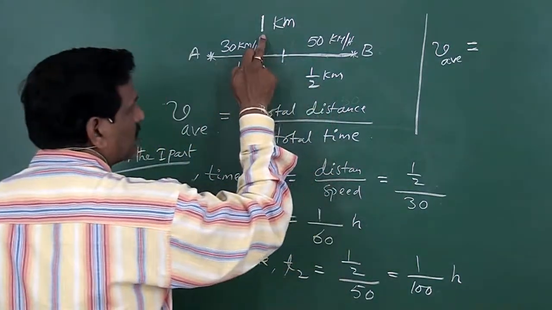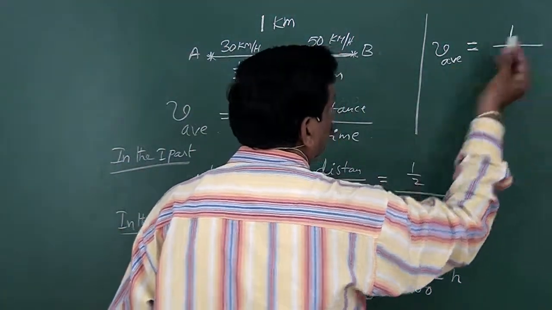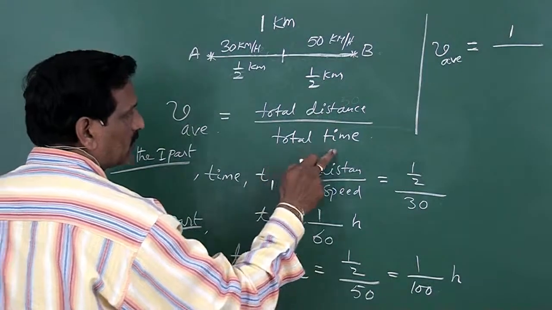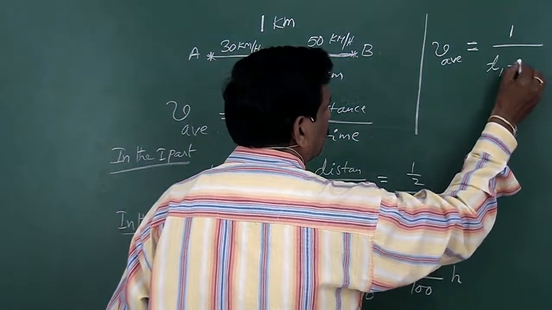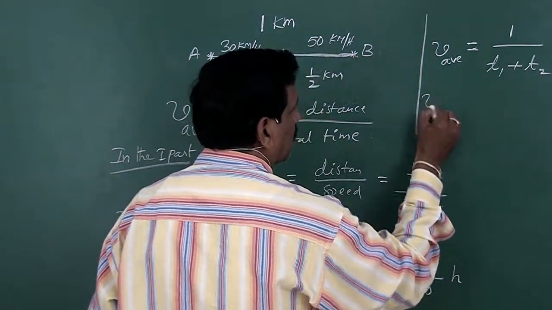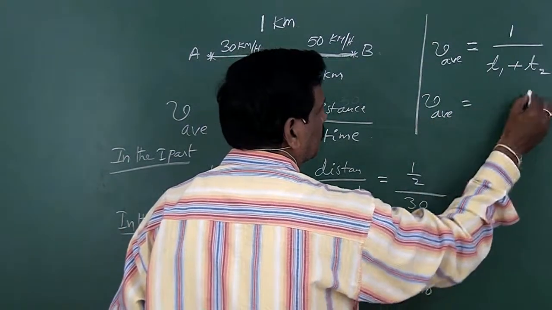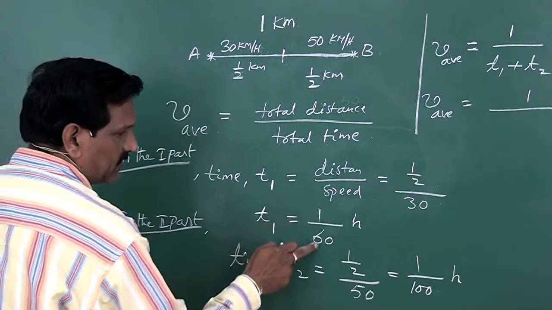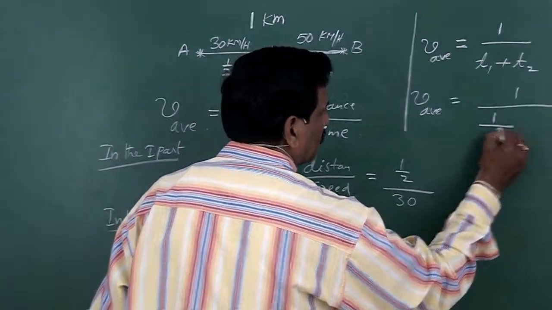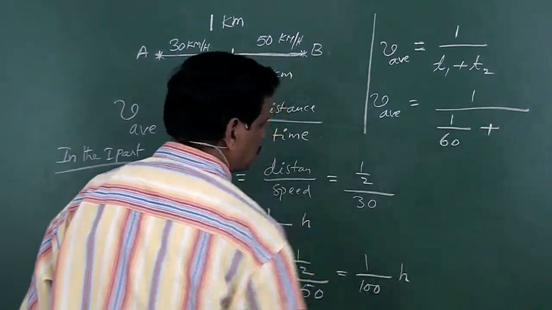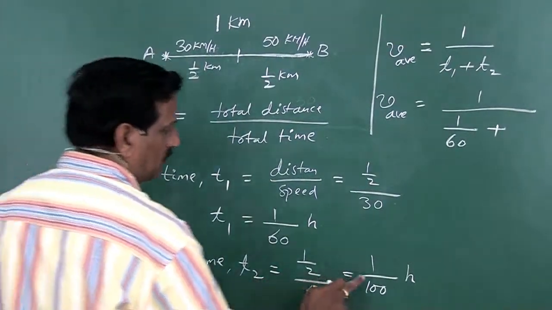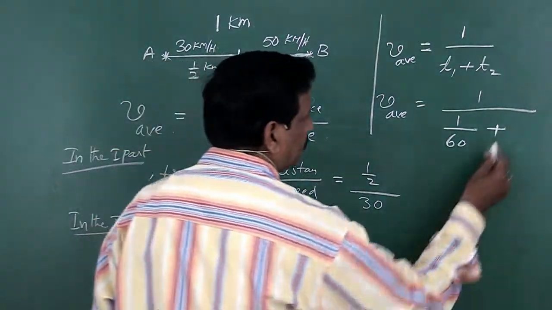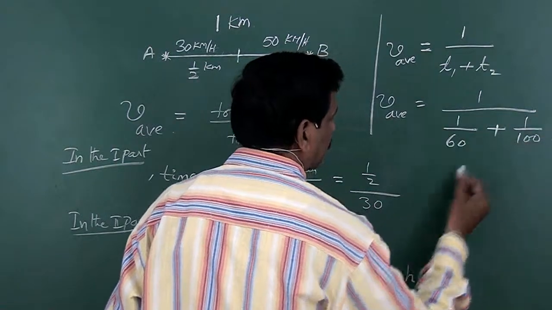What is the total distance here? 1 kilometer. So, 1 kilometer divided by the total time, that is T1 plus T2. V average is equal to 1 divided by, what is T1 here? 1 by 60, plus T2. What is T2 here? 1 by 100.